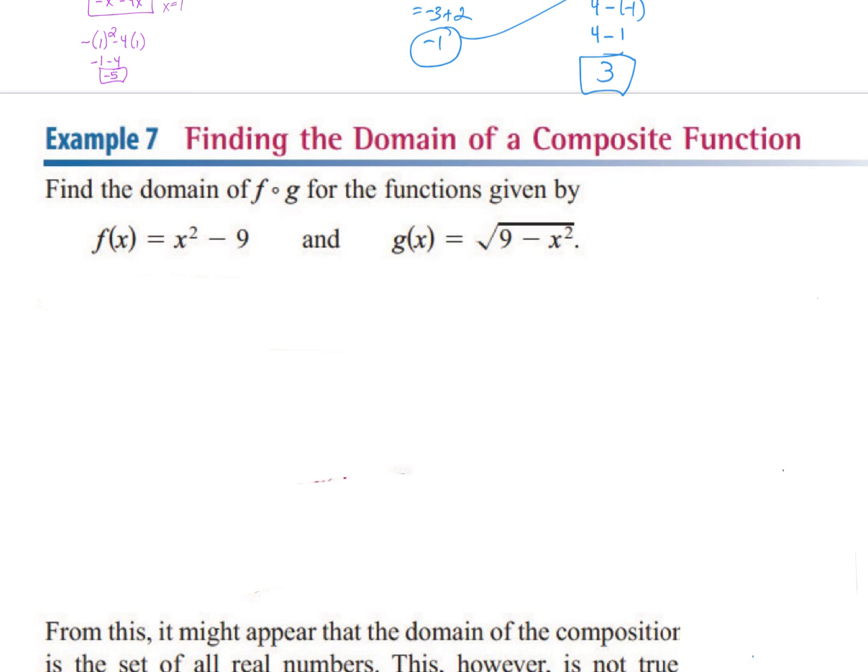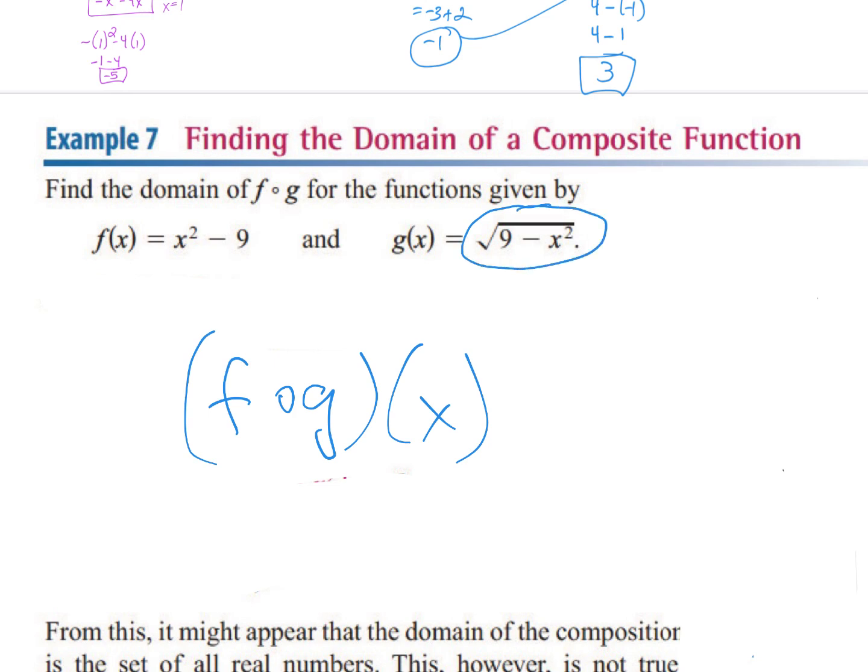But if you had to find f of g of x, what are they asking you to do here? Take the g function and plug it into the f. So it would look like this. Instead of x, you have the square root of 9 minus x squared, and f is squared minus 9.